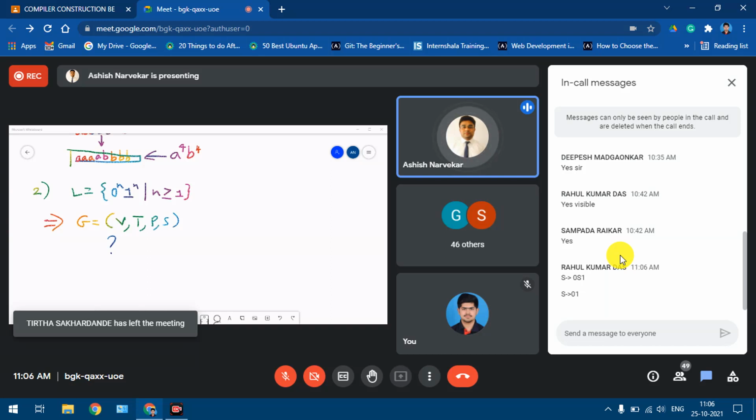So now whatever Rahul has said over here, that is S gives 0 S 1 and S gives 0 1, are the production rules for the grammar for this particular language that is given to us. Okay, so that is about what is context free grammar. Okay, so we'll go ahead.